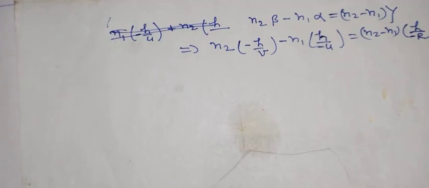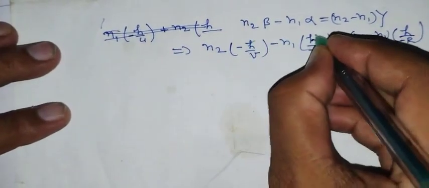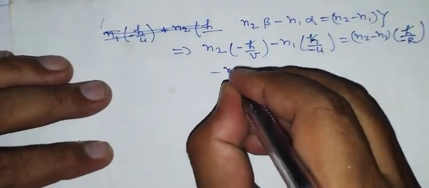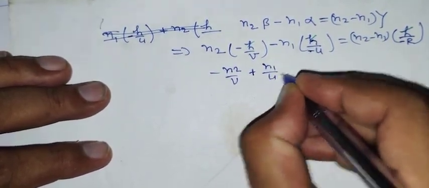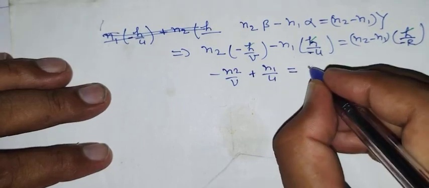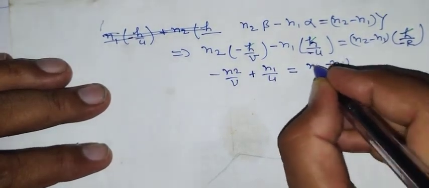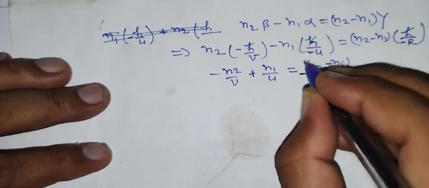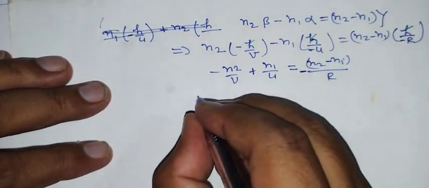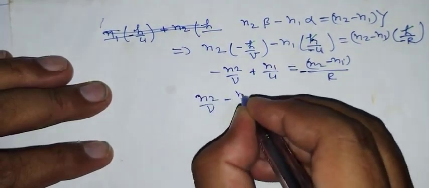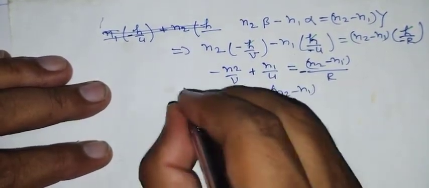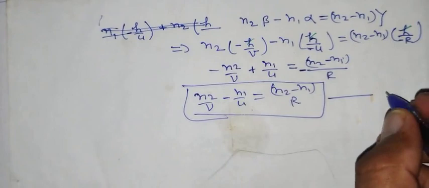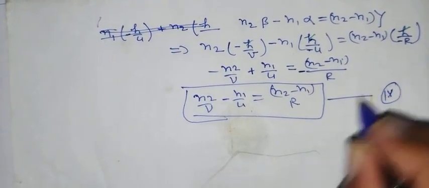See here, H is available everywhere and can be cancelled. So it is minus n2 by V, and minus minus plus n1 by U, is equal to (n2 minus n1) by minus R. Now change the sign. n2 by V minus n1 by U can be written as (n2 minus n1) by R. This is the required relation number 9.